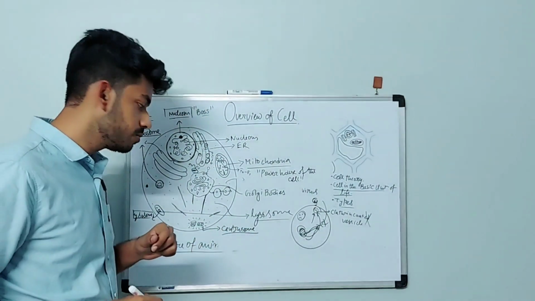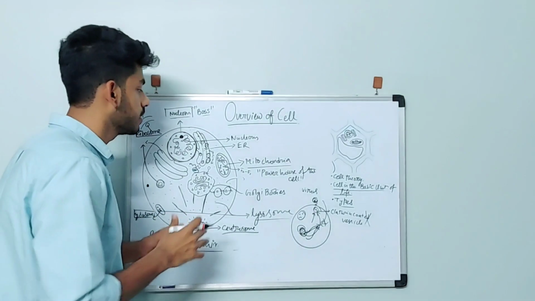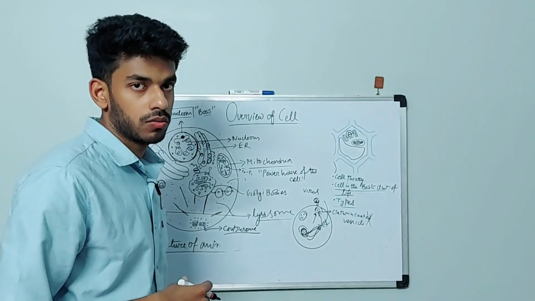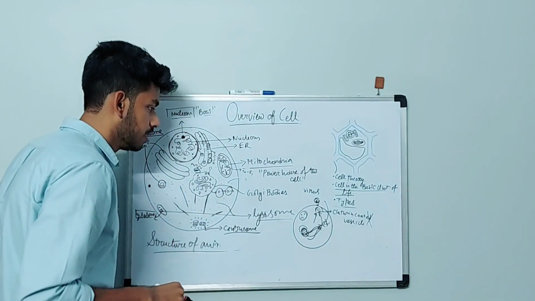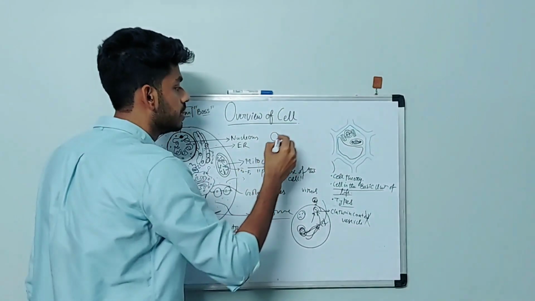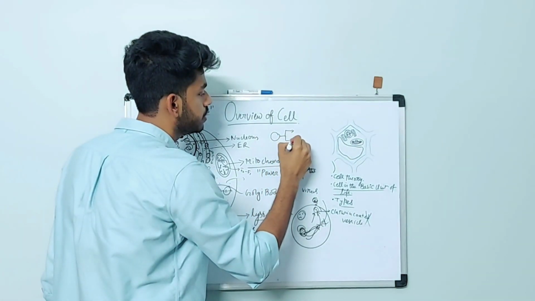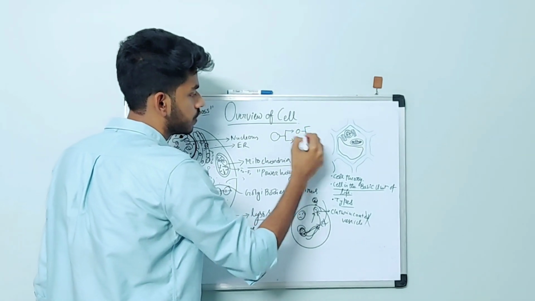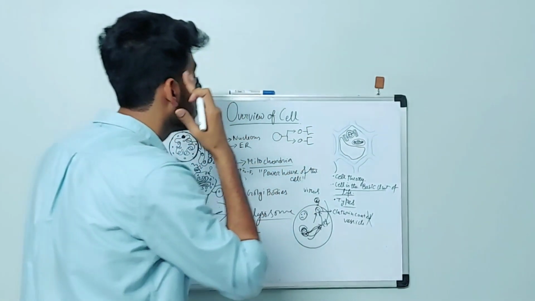So what is the function of the centrosome? I told you that DNA does replication. What is the motive of replication? The motive is that one cell divides into two cells, and the process goes on. This process is called mitosis.